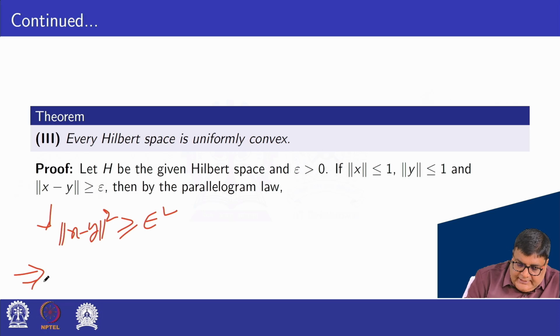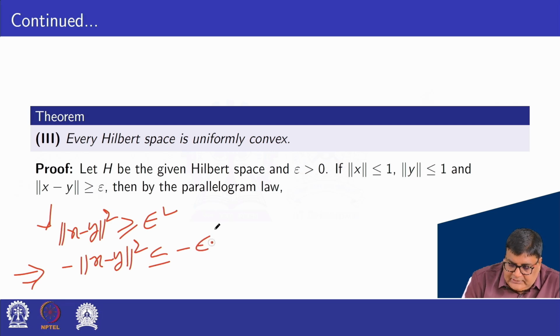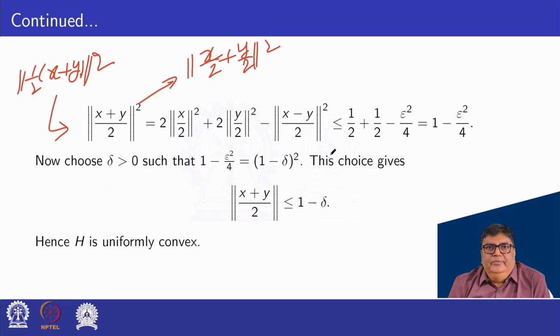This implies that minus norm of x minus y squared is less than or equal to minus epsilon squared. So we have this is less than or equal to 1 by 2 plus 1 by 2 minus epsilon squared by 4, that is 1 minus epsilon squared by 4.